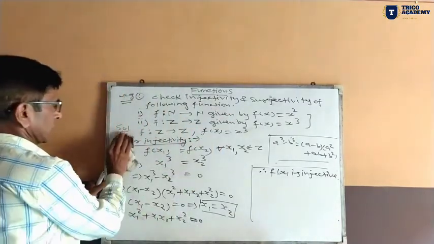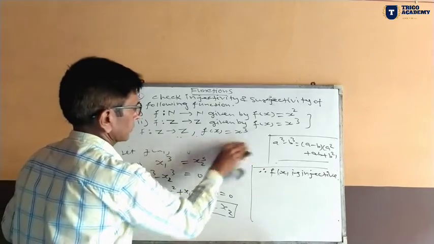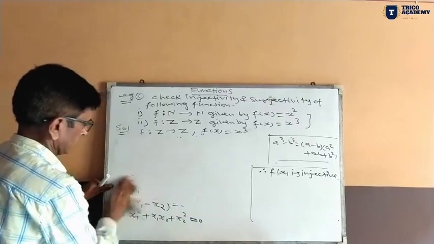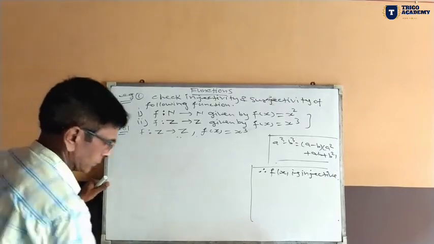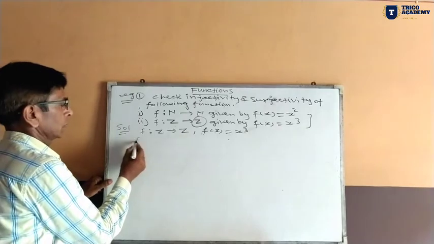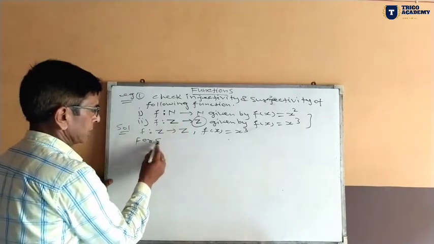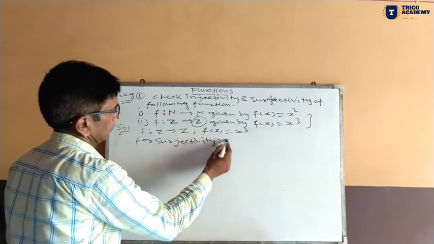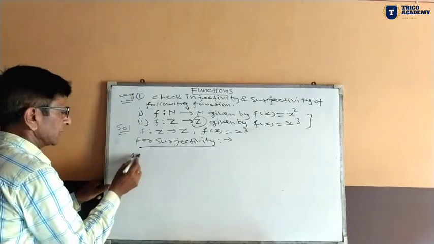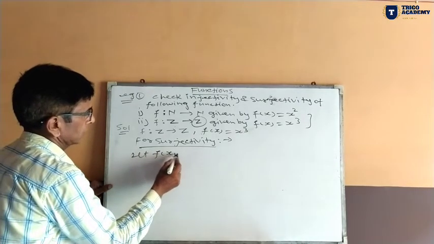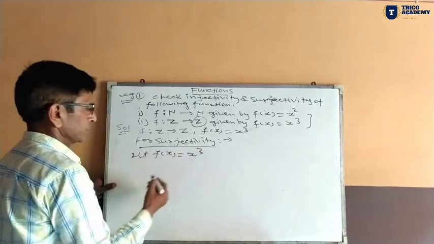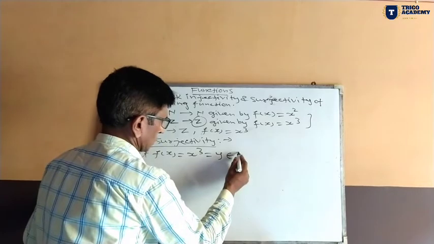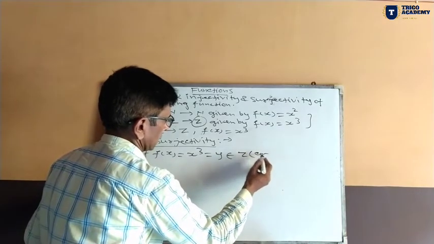Now for surjectivity, we consider here f(x) equal x cube equal y, and this y belongs to Z, the codomain.